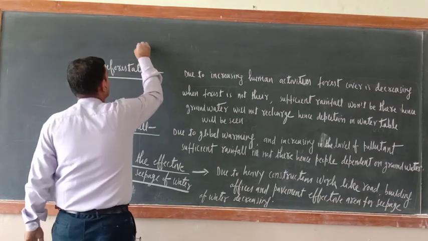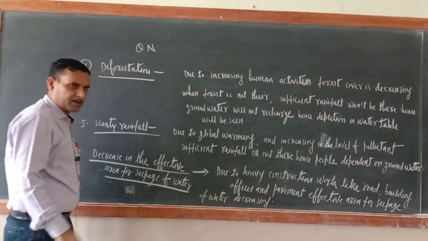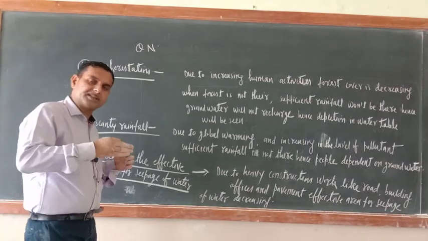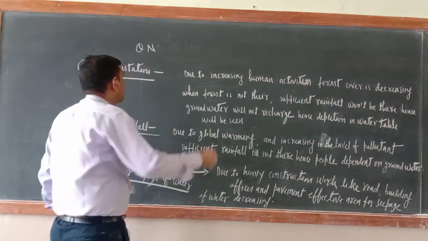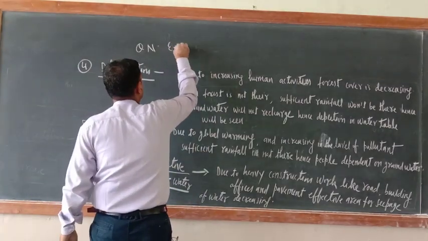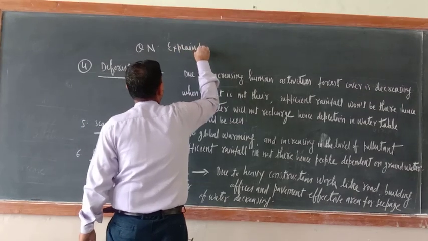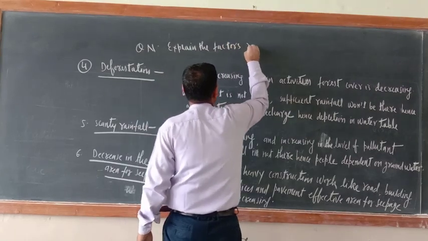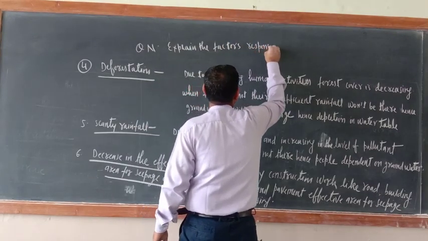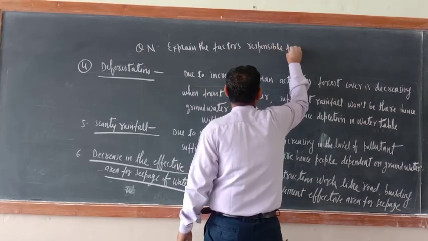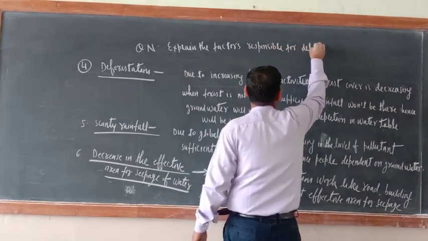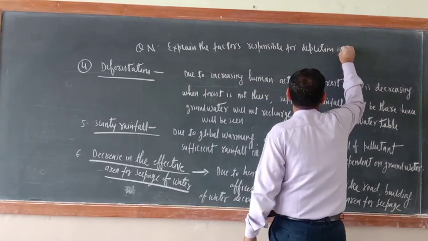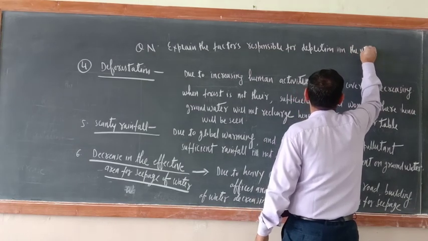Now you note down the question also. What is the question? Basically today I explained one question only, but that question is very big. Explain the factors responsible for depletion in the water table.